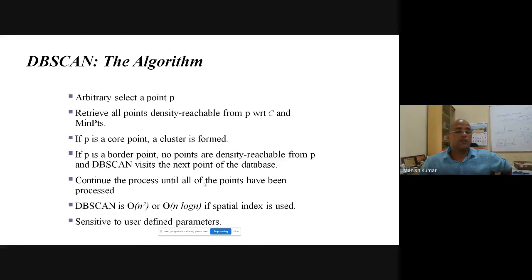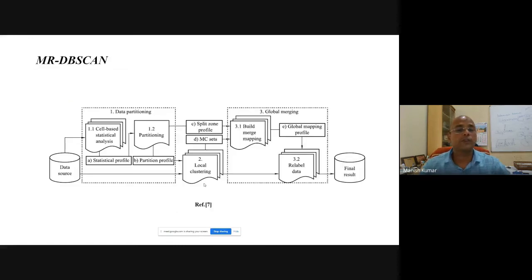Obviously, DBScan works on the order of n squared because we are investigating the points in n squared terms. Whereas if you use a spatial index in this case, then the complexity could be n log n as well. So it is sensitive to user defined parameters.